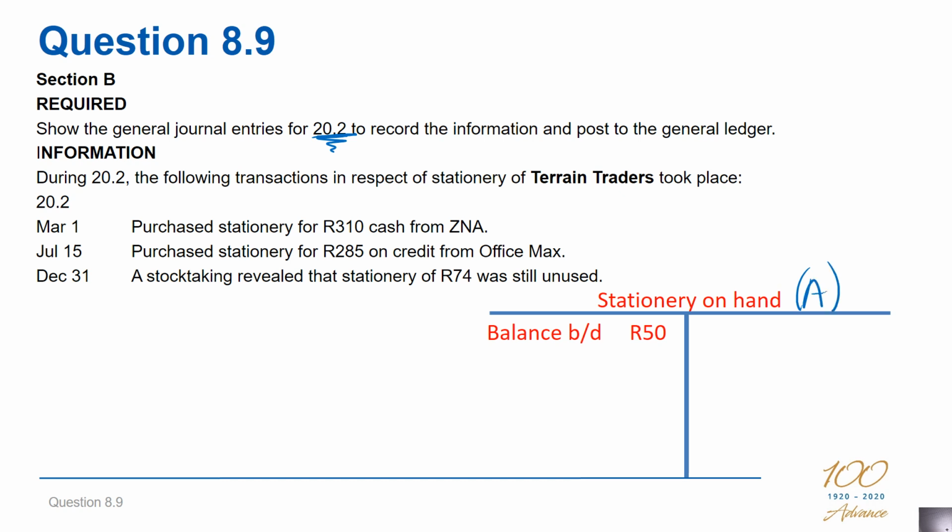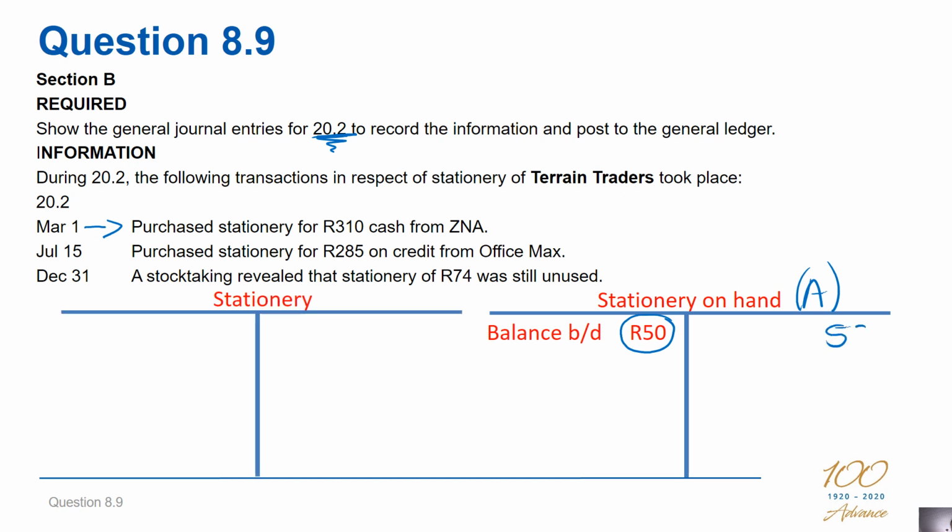If they tell me that during 20.2, the following transactions took place regarding stationery, and I read here that on the 1st of March, we purchased stationery for 310. In real life, will you go and buy stationery if you know that you still have 50 Rand in the cupboard? No, you won't.